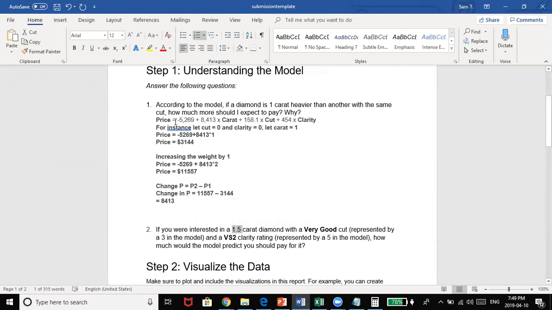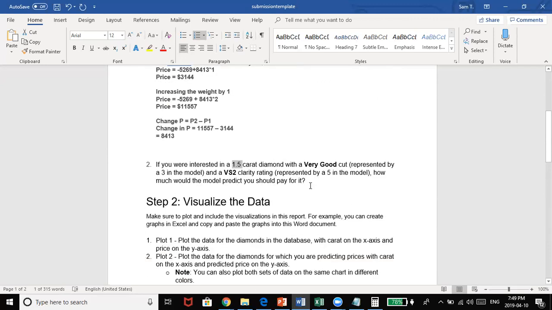We already have the price equation, so you put the weight variable here, the cut variable here, and the clarity variable right here, and you get the price you pay for it.